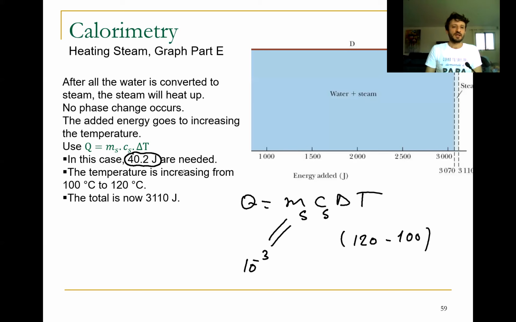Now, to calculate the total energy needed to convert the ice from minus 30 to 120 steam, you have to add.